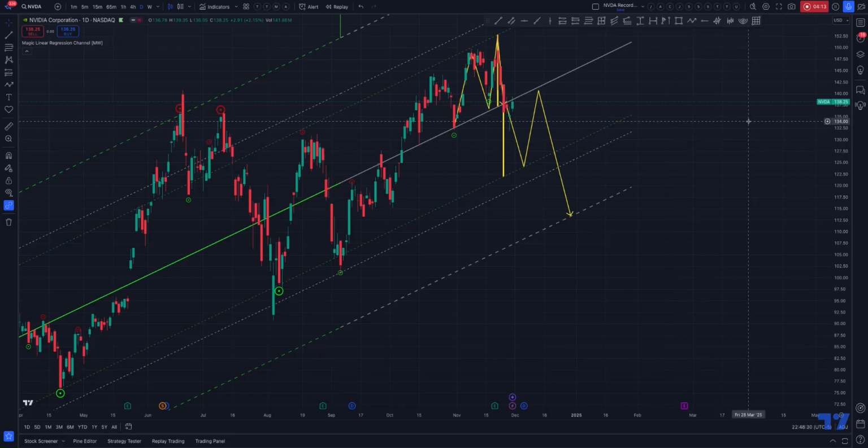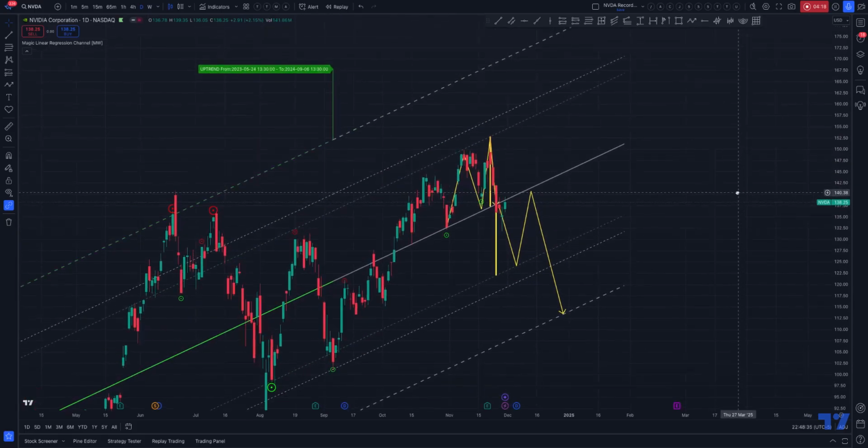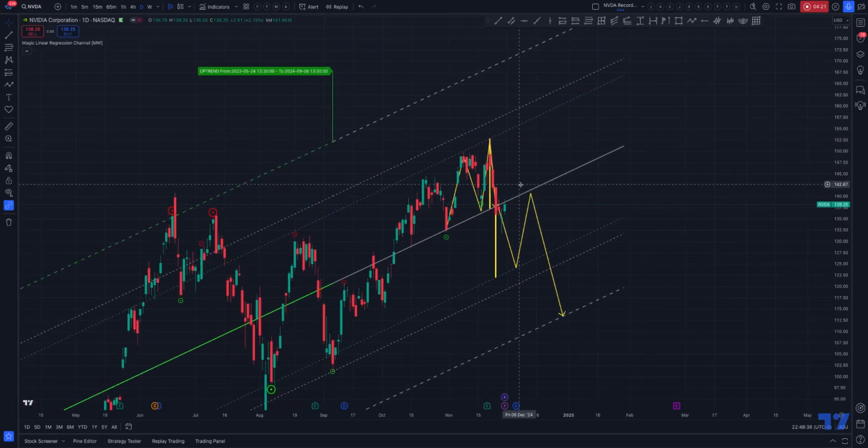Now the bullish scenario, let's move this so we can see it. The bullish scenario is that we continue rising up, maybe hit this half band or this upper Fibonacci band, maybe come down, do a little correction, maybe some consolidation, or we could potentially just go straight up and hit the top of that band, which would put us at over 170.